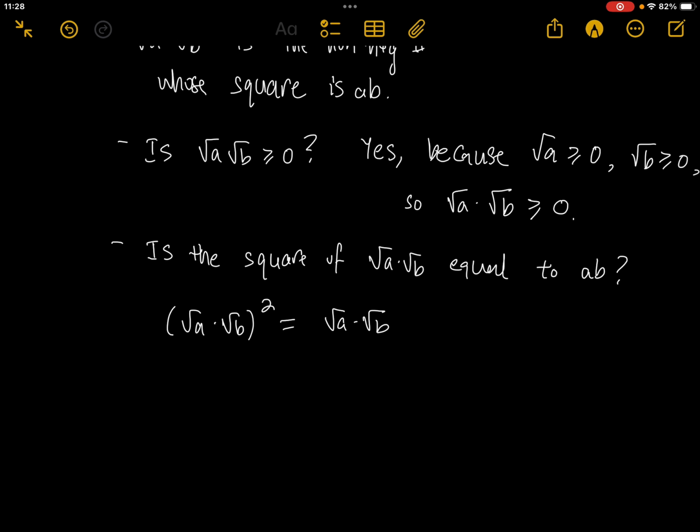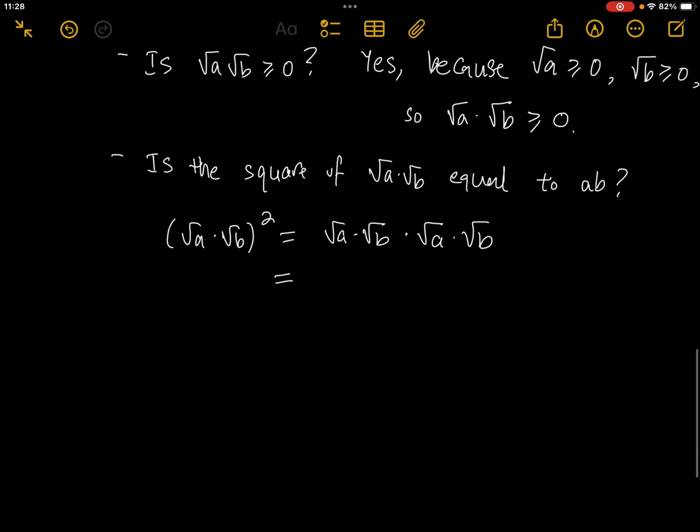Now, remember that multiplication is commutative. That means that it doesn't matter which order you're multiplying the numbers in. You can move the numbers around. So it's the square root of a times the square root of a times the square root of b times the square root of b.